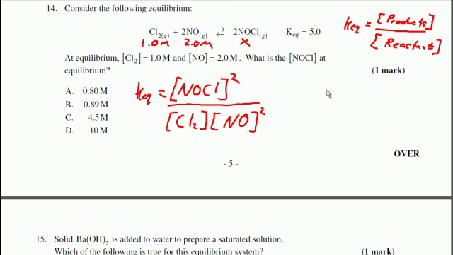Let's fill in some of our numbers. You know that KEQ is 5.0. We don't know NOCl, so you can write X, or you can just write NOCl like this. We know that's squared though. And this is going to be 1.0, times NO, which is 2.0.